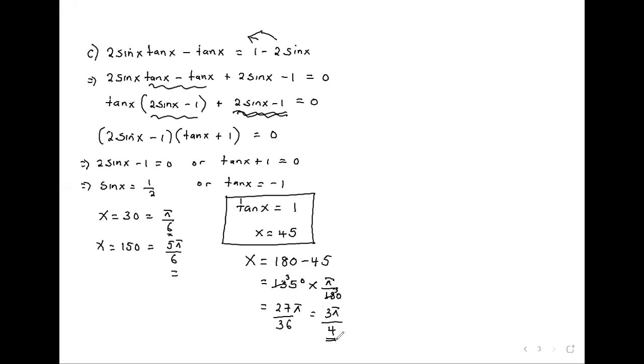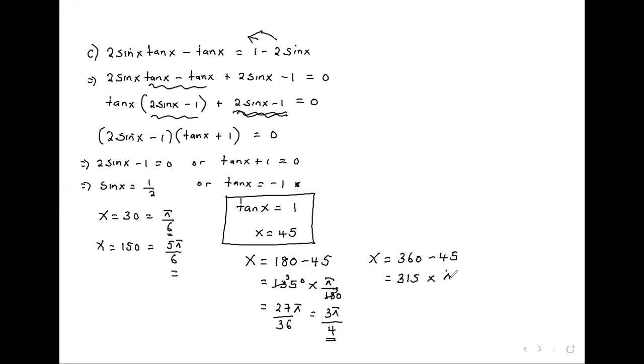This is in the second quadrant where tan is negative. We also have another angle in the fourth quadrant. x is equal to 360 minus 45, which is 315.